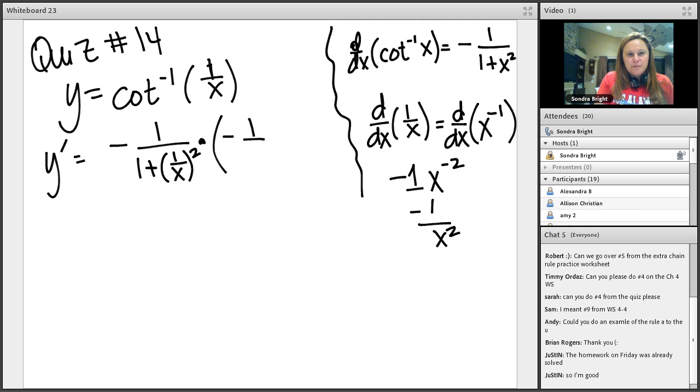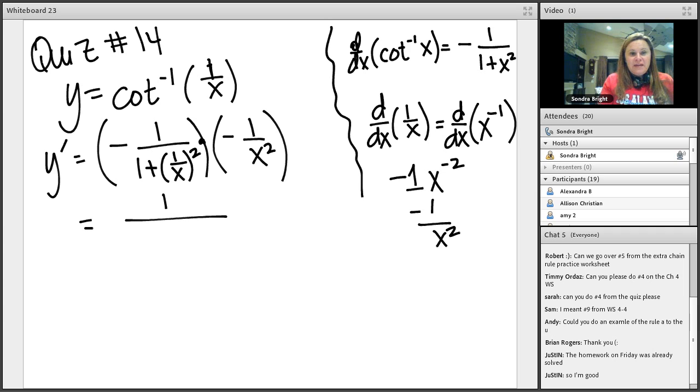Chain rule says multiply by the derivative of what's inside there. All right, so we got that. So what does that become? That's a positive 1 over, and then you're going to distribute this x squared to give you an x squared plus x squared times 1 over x squared, which is a 1. And so, yeah, there you go. That's your answer.